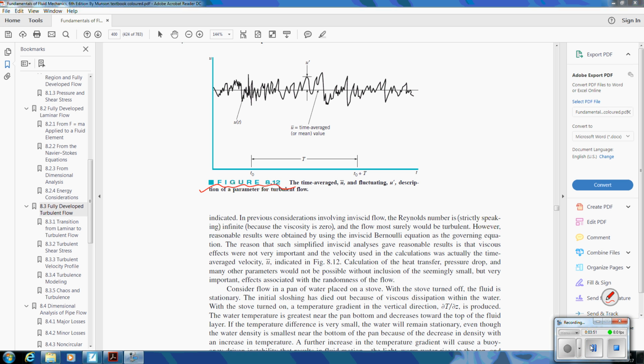So we have a time average term, U bar, and a fluctuation term, U prime. This is a good description of the parameters of turbulent flow, right? So we have a term very similar to laminar flow, which is U bar here, and another fluctuation term, which is U prime.